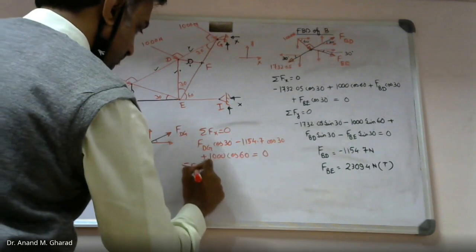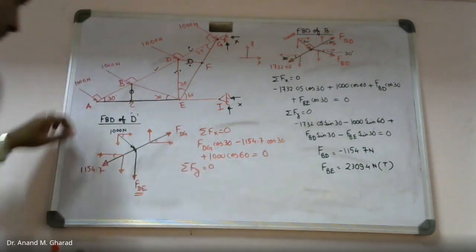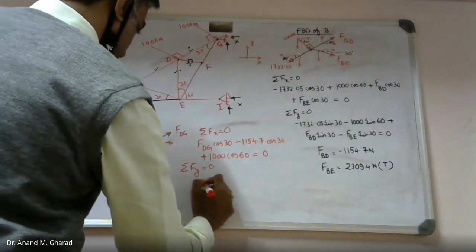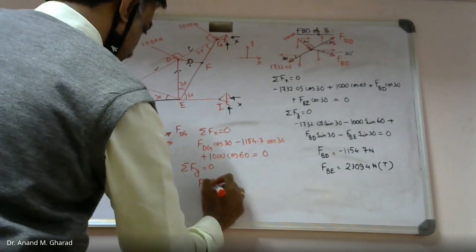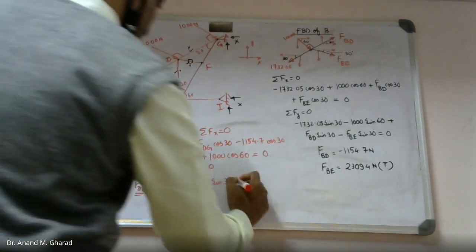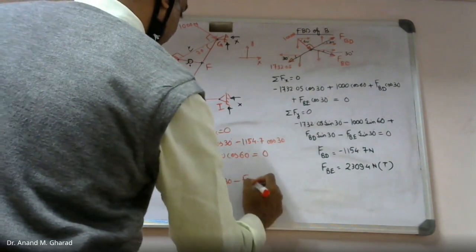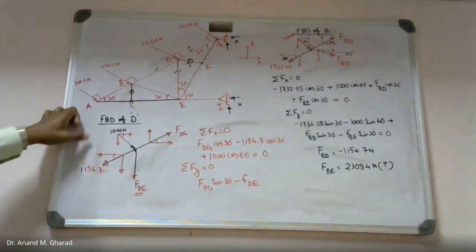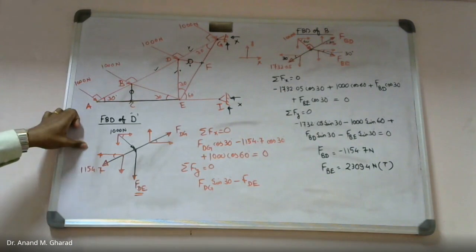And summation of force in y direction equal to 0. I will write down the values. FDG sine 30, which is positive, minus FDE. Then what is the next value?